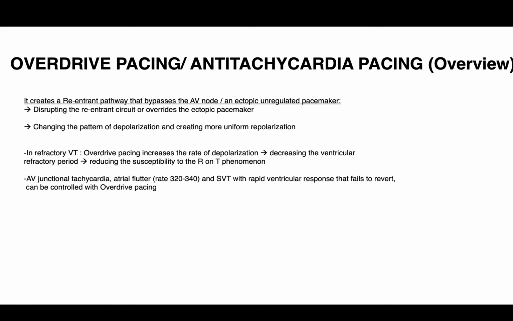AV junction tachycardia, atrial flutter, and SVT with rapid ventricular response that fails to respond can be controlled with overdrive pacing. So usually an external electrical impulse at a rate of 10 to 20 beats per minute greater than the native rate needs to be kept. So that is the important thing regarding overdrive pacing.